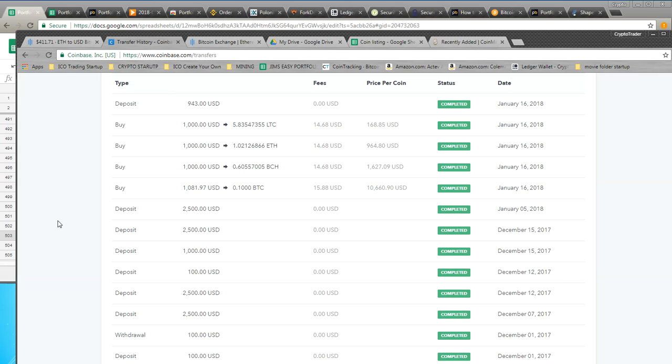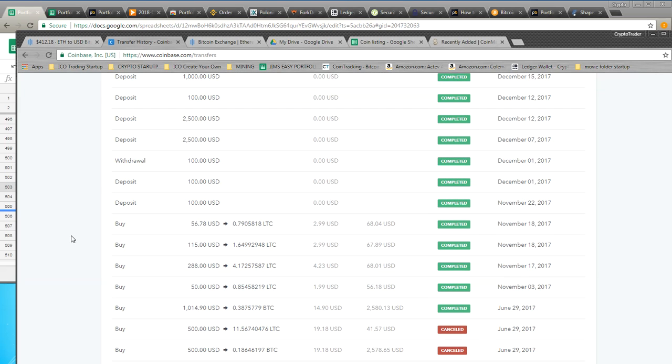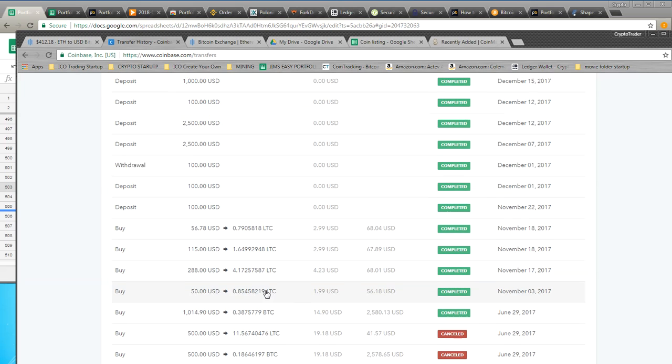Now in Coinbase, it's important to try to recognize the difference between a trade and a deposit. So you can see I traded in the exchanges 100%, but at Coinbase, most of my transactions are just converting US dollars into various crypto coins. So these purchases would all be allocated in the deposit tab.